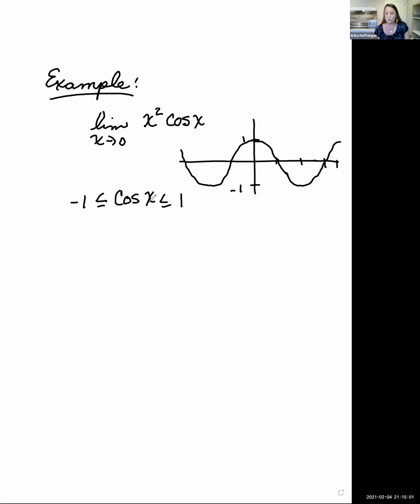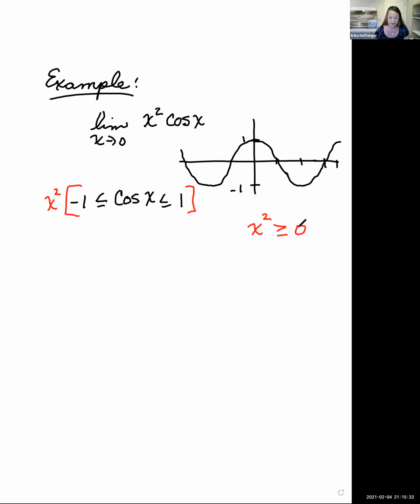Okay, so remember rules of inequalities? We can multiply an inequality by a positive number, and it would keep the direction of the inequality itself. And so we could multiply this inequality here by x squared, and this would still be a true statement. And again, we can say that because x squared is always greater than or equal to 0.